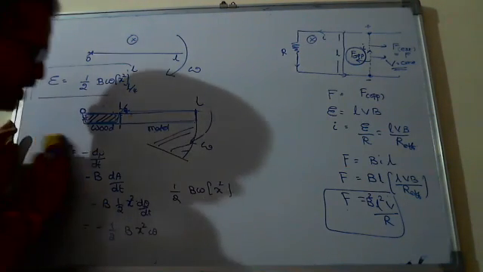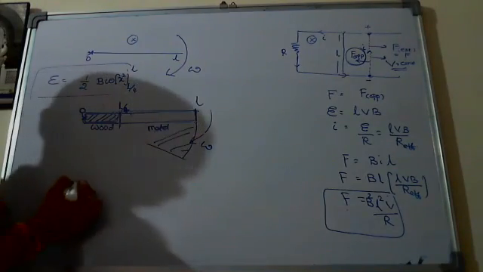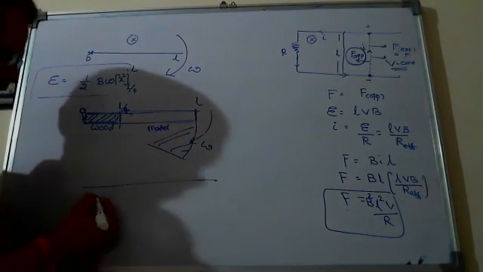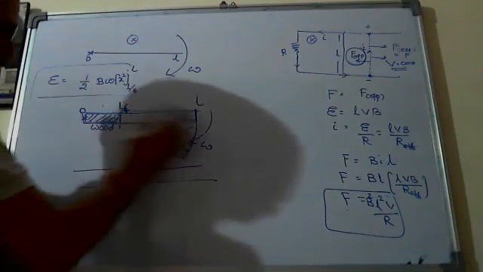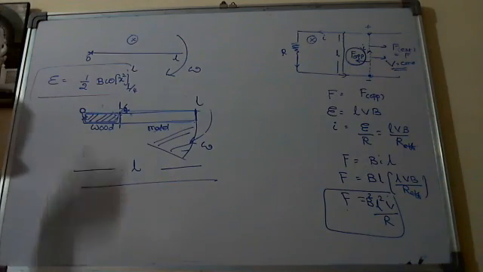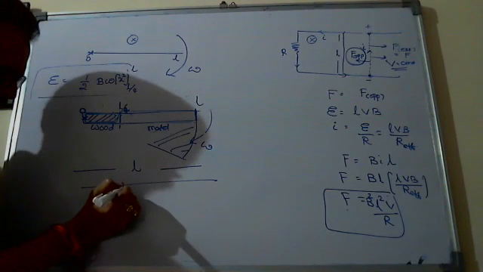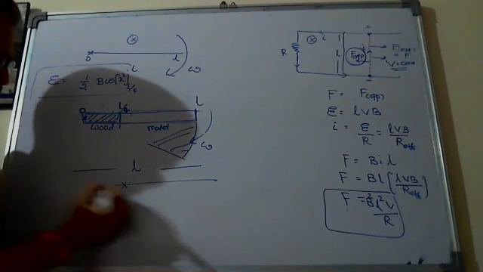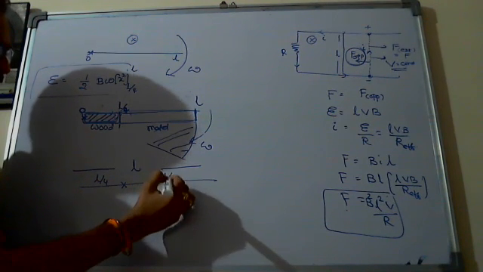Whether you understood or not, suppose I ask a question like this: a rod of length L, a total metal rod, not like the part in the previous question. But I am fixing the axis at a distance of L by 4 from one end. This length is L by 4, and that length is 3L by 4.